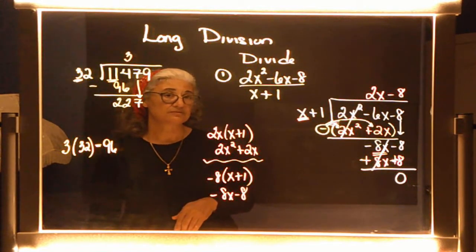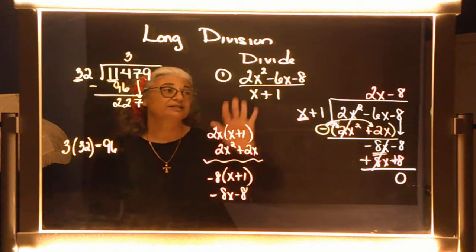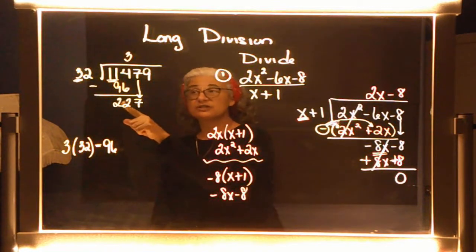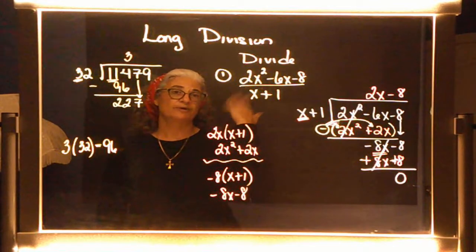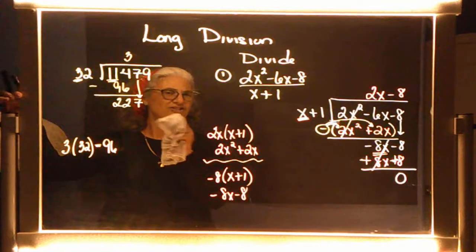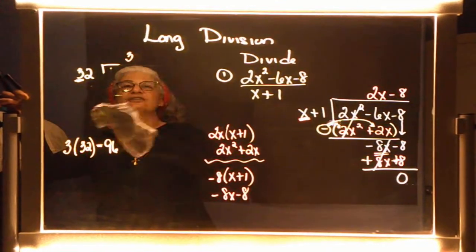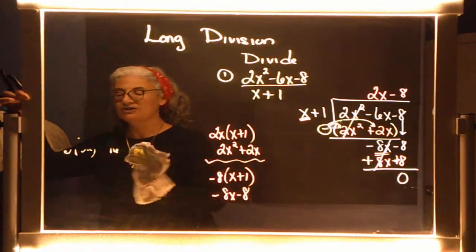Cool? Okay, we're going to do some more problems, but understand the long division on polynomials is just like the long division that we did when we first learned to do long division way back when as a kid. Now, by the way, do you remember how you check your answer with long division? Oh yeah, there you go. What's the opposite of division? Multiplication.